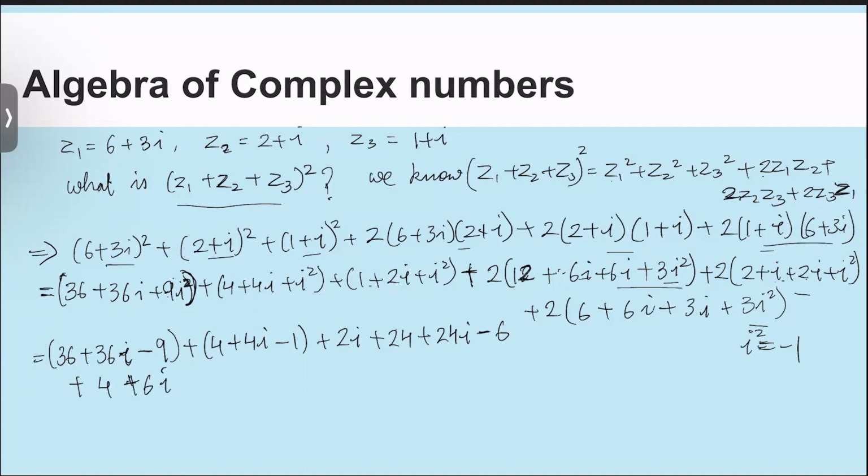And 3i squared, you have minus 3 into 2, minus 6. And then for the next bracket, you have 12 plus you have 6i plus 3i, you have 9i. So 9 into 2, so you have 18i. And over here, this is minus 3, minus 3 into 2 is minus 6.